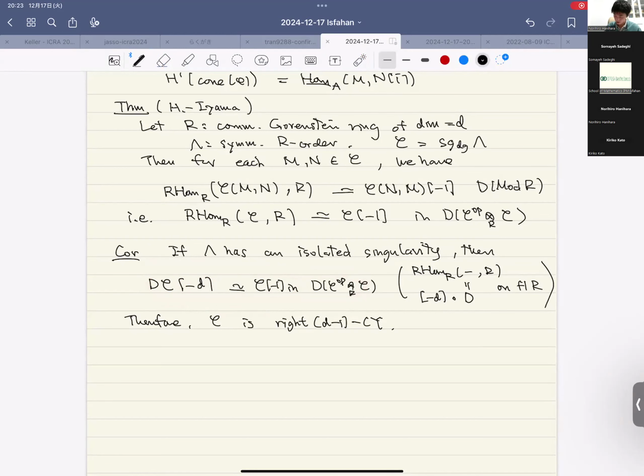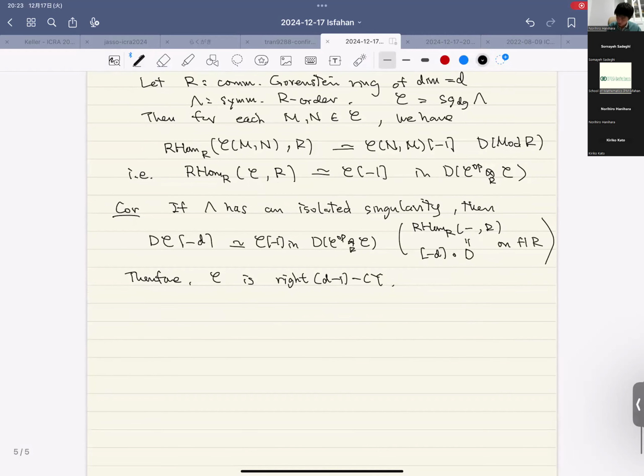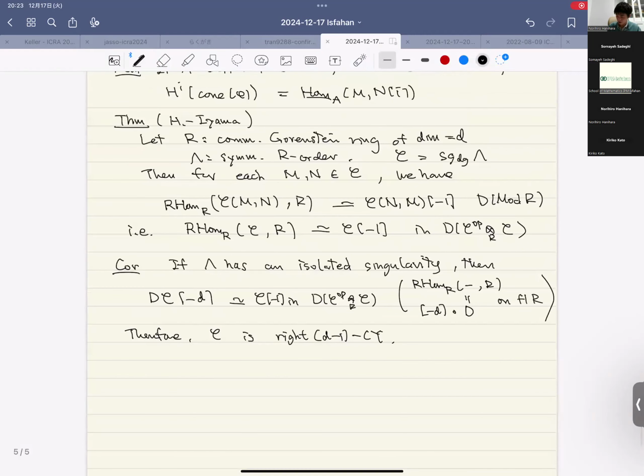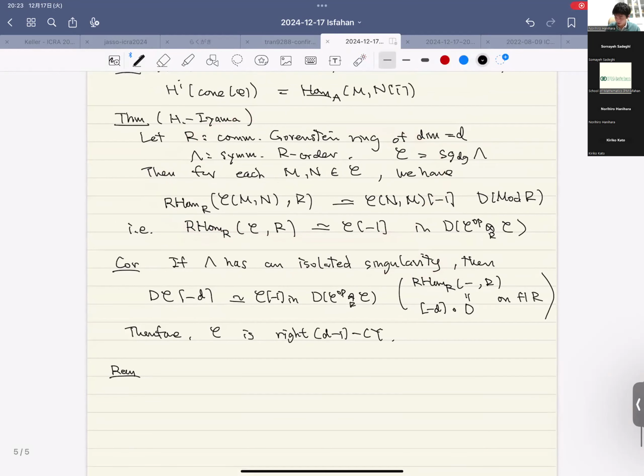One remark is that this is a corollary for isolated singularities, and we did not assume anything about the singular locus in the theorem.